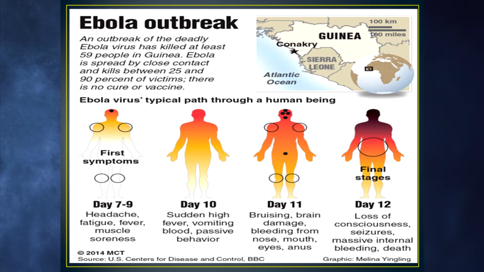They could experience vomiting blood or passive behavior. On day 11, they may see bruising, blood from the nose, mouth, or eyes, as well as brain damage. The final stages would start around day 12. They may have loss of consciousness, seizures, massive internal bleeding, and of course death.